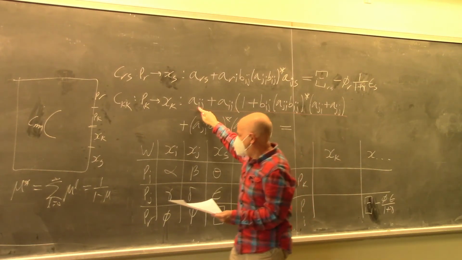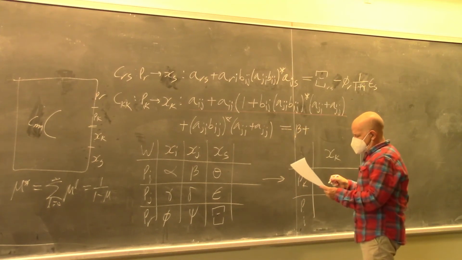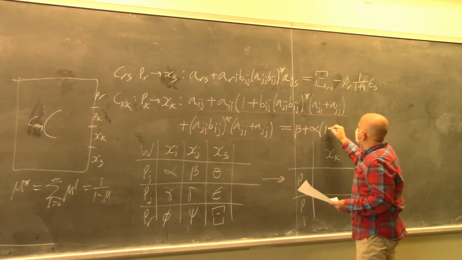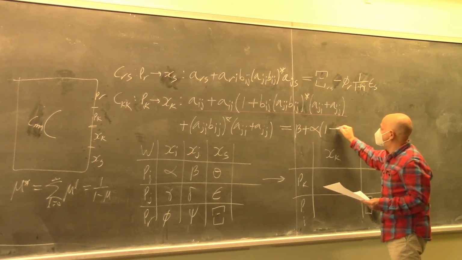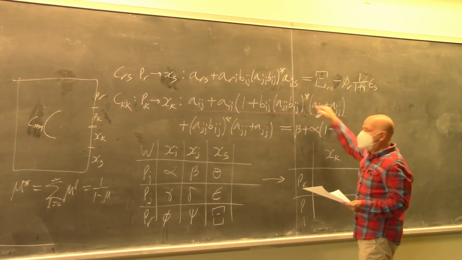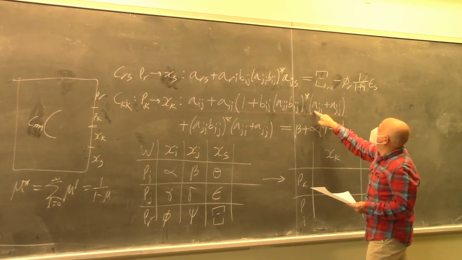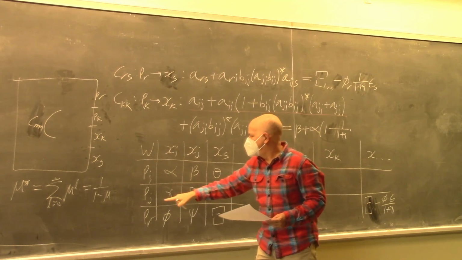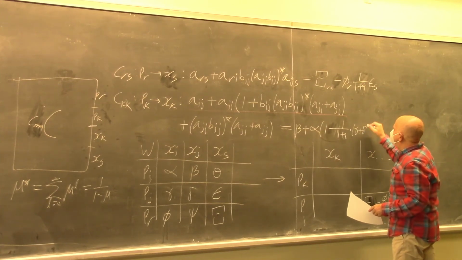So Aij is beta, plus Aii is alpha times 1 plus Bij, oh, Bij is negative 1, sorry, so this is just negative 1, times Aij star is as before 1 over 1 plus gamma, times Ajj is gamma plus delta, multiplying gamma plus delta.